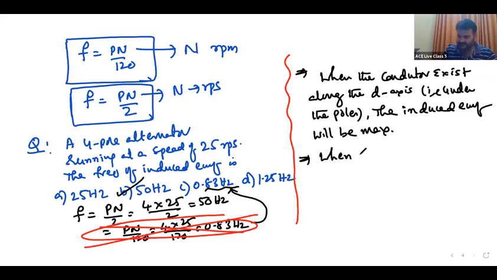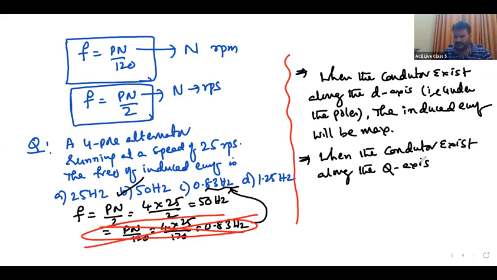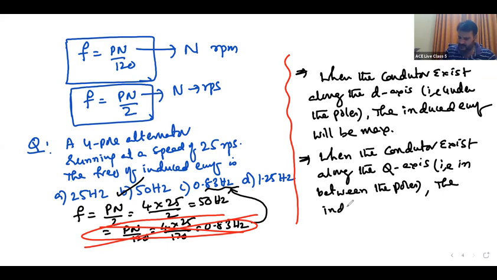Whereas when the conductor exists along the Q axis, the interpolar axis, that is in between the poles, the induced EMF will be minimum, or that is zero.